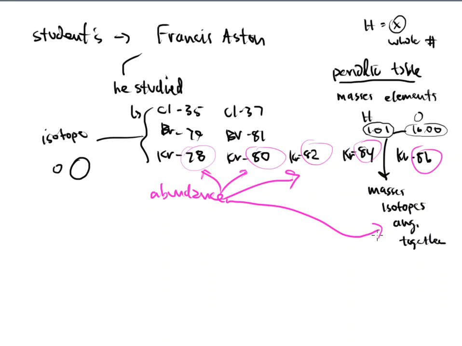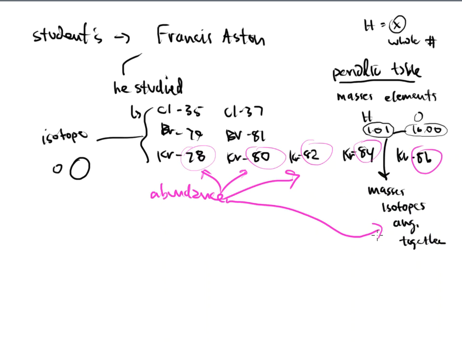That is why these numbers are not whole numbers. Because sometimes when we take these averages, it's not going to be a whole number. It's going to be a rounded off number. So you are provided on the periodic table the average atomic weight of that particular atom.